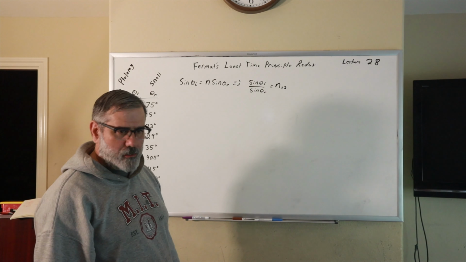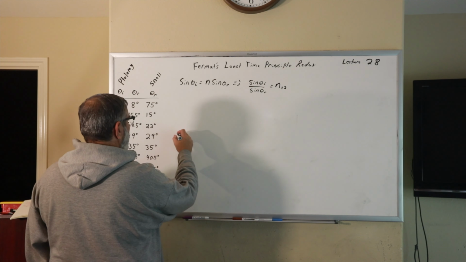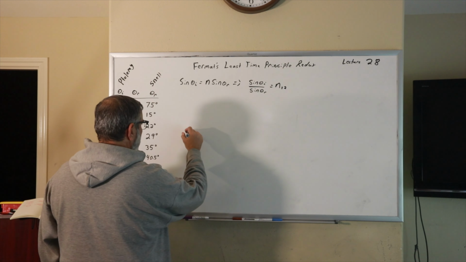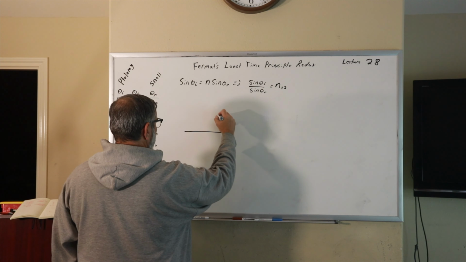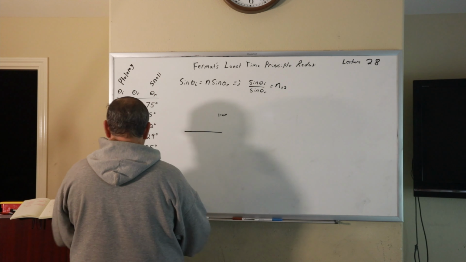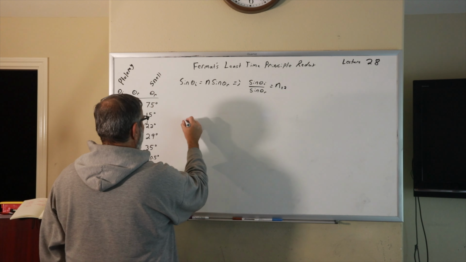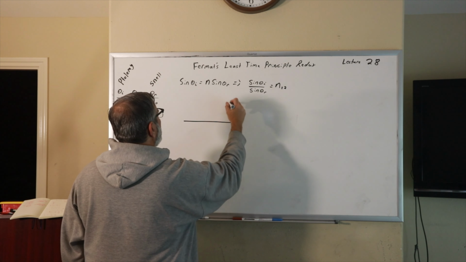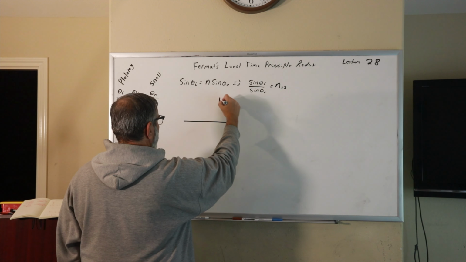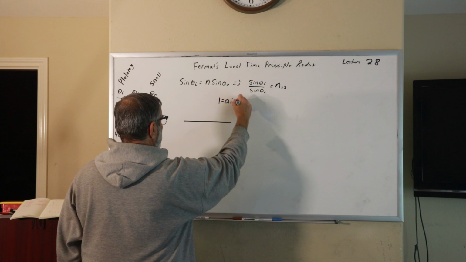And so what I want to do now is consider three possibilities. Basically air interacting with water, right? So we'll say 1 is air. I'm going to write this a little bit bigger. I noticed in re-watching some of these lectures that the writing is a little small and hard to see. So we'll say 1 equals air.